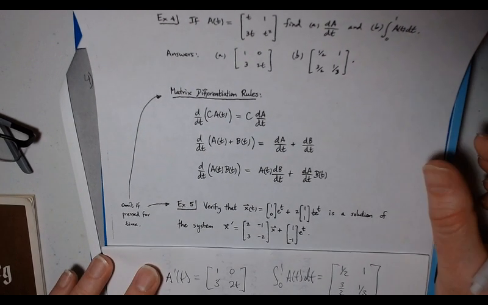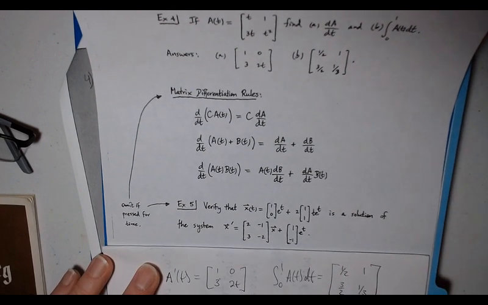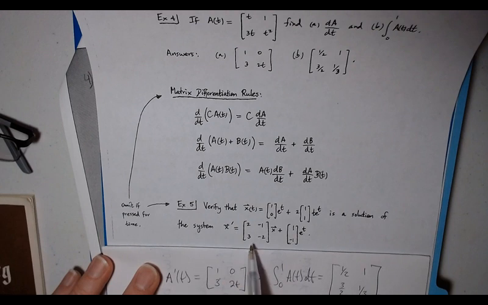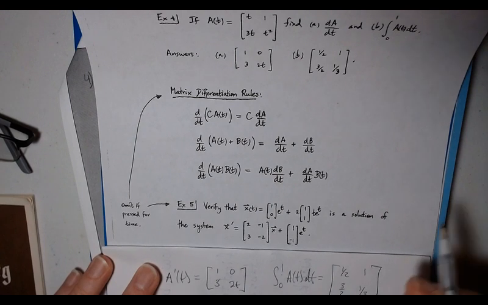All right, so then if I have this x, and I want to verify that it's a solution of x prime equals this matrix times x plus this vector, then what I really need to know is, well, what is x prime?